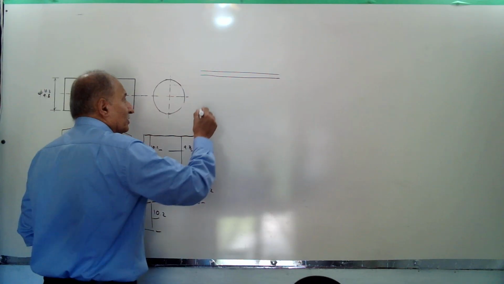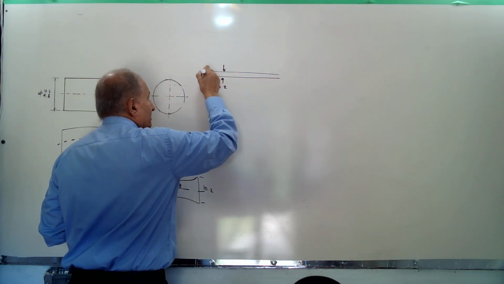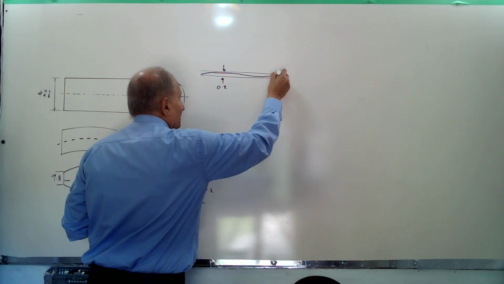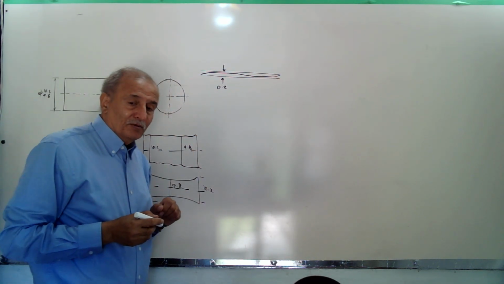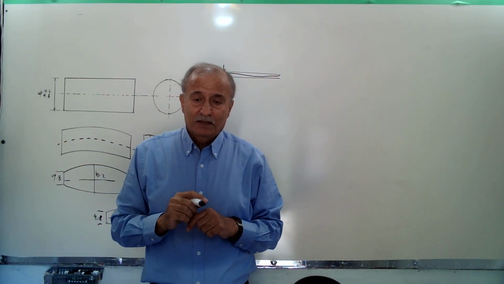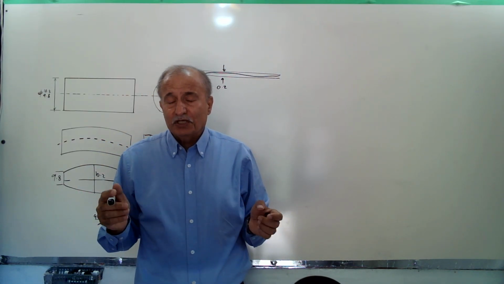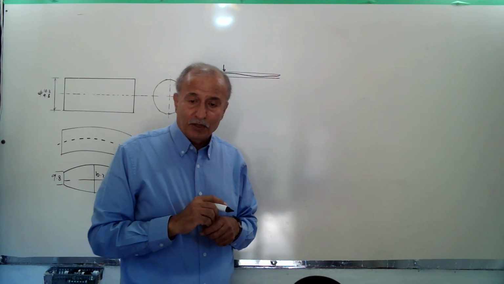You say, for example, 0.2 mm. Then any line that I choose from the external surface must lie between two perfect parallel lines. How can you check it? By a CMM machine, for example, or by optic machines.